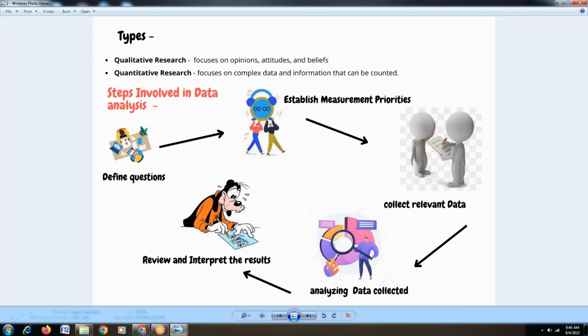Concrete information is required. It is not just done through exaggeration, right? Not just by looking at something and saying it, right? There must be a scientific approach to doing it. That scientific approach is possible using data analysis in any organization.